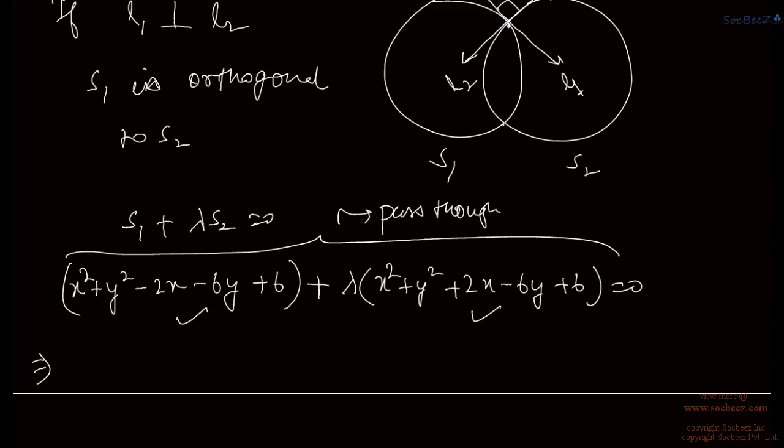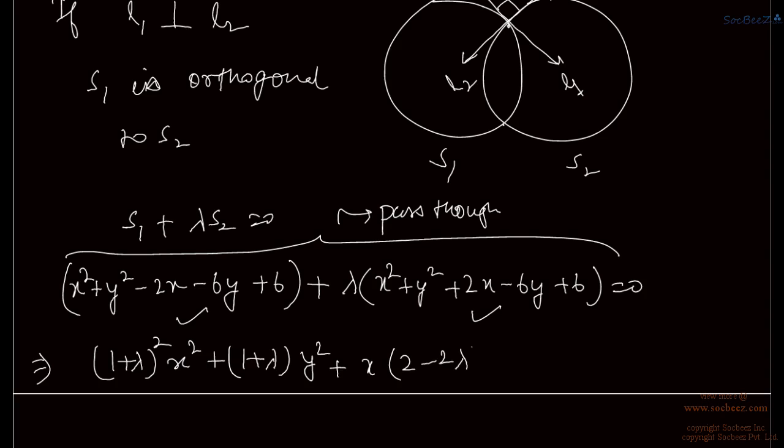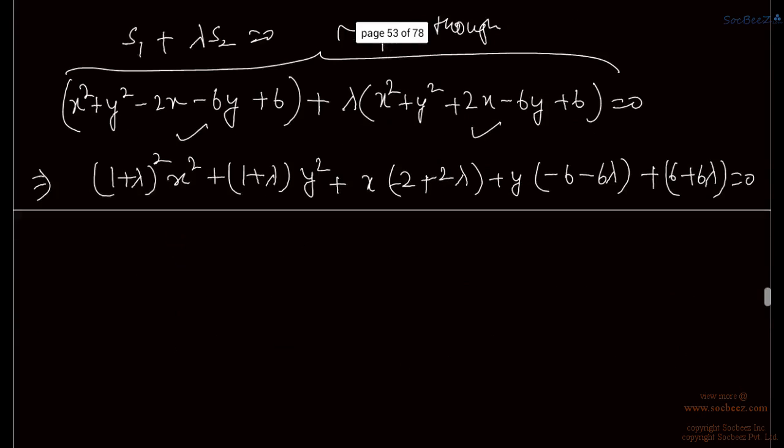Okay, these two circles. So the whole expression can be written in the form of 1 plus lambda x square plus 1 plus lambda y square plus x times 2 minus 2 lambda, minus 2 plus 2 lambda, plus y times minus 6 lambda plus 6 plus 6 lambda is equal to 0.